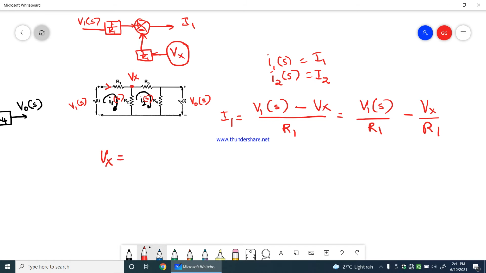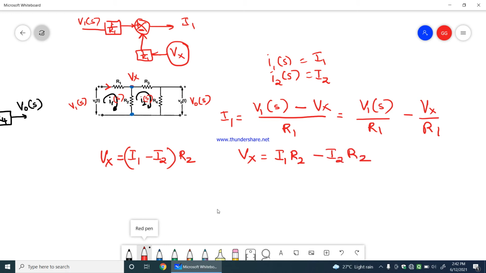Vx is the voltage across R2, right? Therefore, Vx would be equal to I1 minus I2 multiplied by R2, or I can say Vx is equal to I1 into R2 minus I2 into R2.